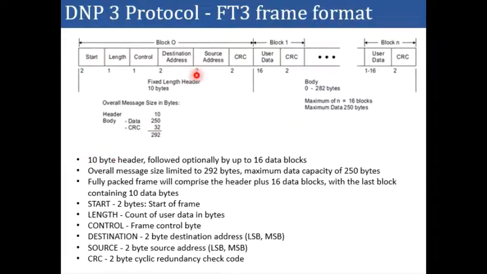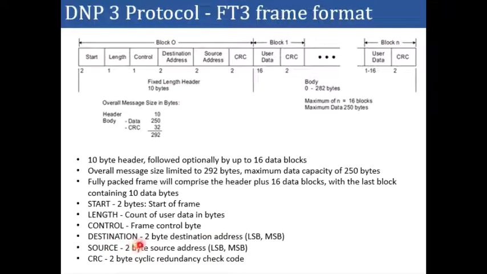Now in the 10 bytes of header, the information provided is as follows. We have 2 bytes for start of the frame. Length of 1 byte contains the count of the user data in bytes. Control byte is the frame control byte.